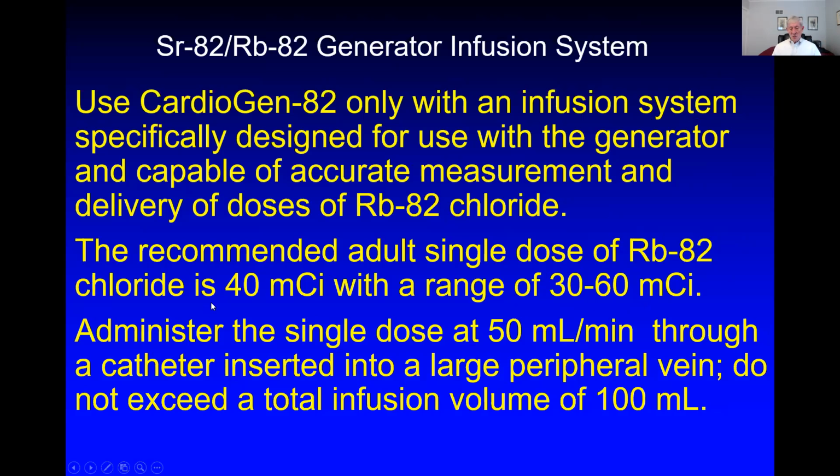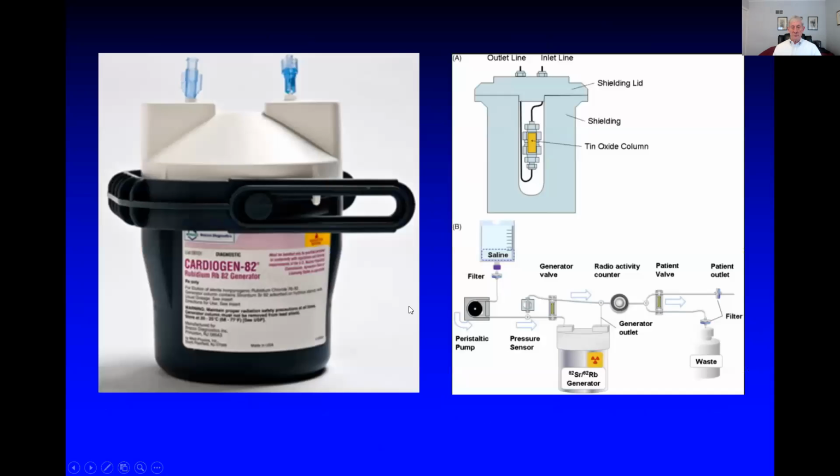And the dose is administered as it flows from the generator directly into the patient at a flow rate of 50 milliliters per minute. That's a big 60 cc syringe, almost filled up, and it's going straight into the patient in 1 minute. And of course, it has to be a catheter of some kind that's inserted into a fairly large vein. Usually an antecubital vein would work fine.